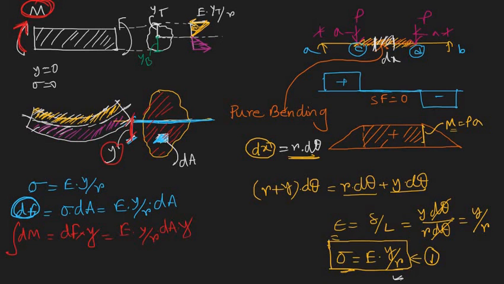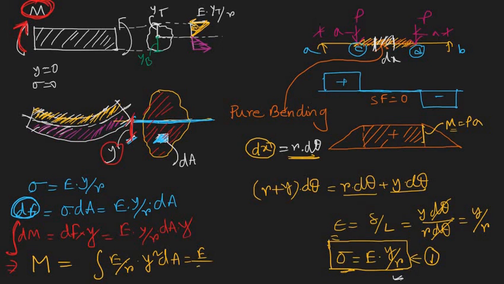So the integral of dM is M, and this equals the integration of E by R times y squared dA.